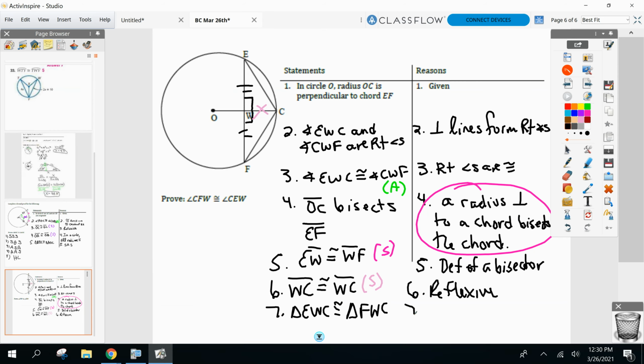Side angle side. There you go. And remember, we weren't proving the triangles congruent. We were proving the angles congruent. So you do need one more step after to say angle CWF congruent to angle CEW, a little CPCTC.